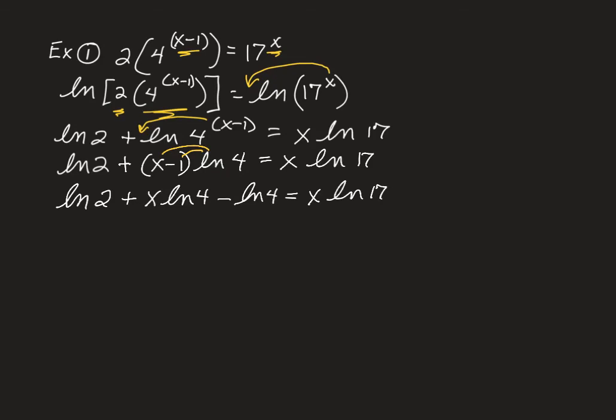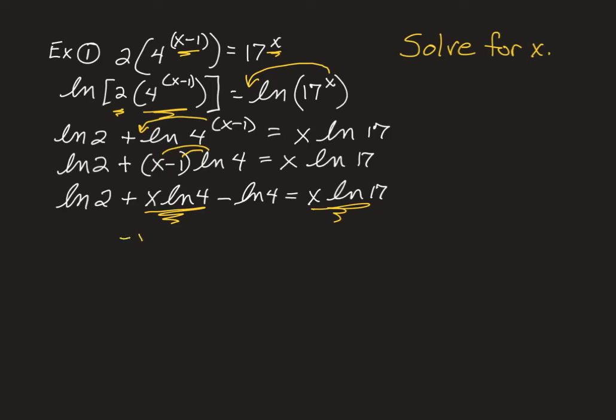All right, looking at this now, I have a term with x in it, and a term with x in it on the other side. I'm trying to solve, maybe I should have made that more apparent up here. I'm solving for x. I want to isolate my x's away from everything else, and I already have just an x term on the right-hand side.